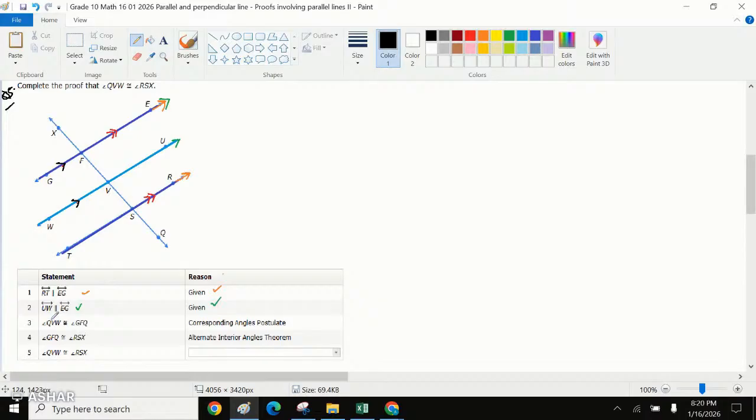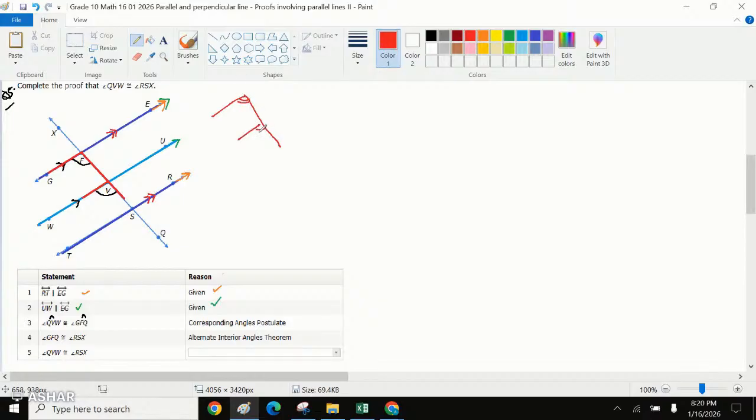Moving ahead, it says QVW, where is Q, V, and W, this angle, GFQ, GF and Q, this angle. And we know that whenever we see a formation of the alphabet F, I'll use a brighter color. Whenever we see a formation of the alphabet F, right? Can we see F being formed over here?